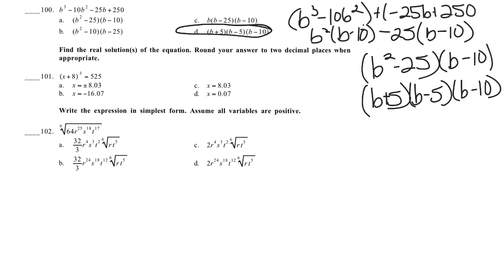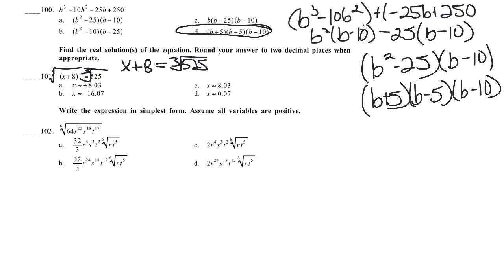Find the real solutions of the equation. Round your answer to 2 decimal places. I'm going to take the cube root to solve this. x plus 8 equals the cube root of 525. Now my answers are all in decimals, so I'm just going to take the cube root of that.